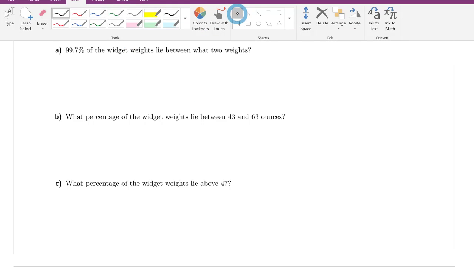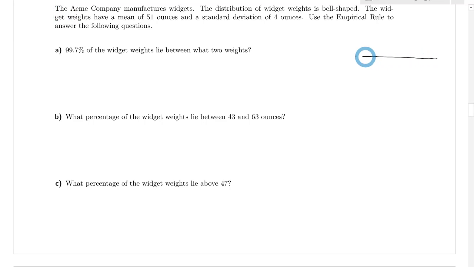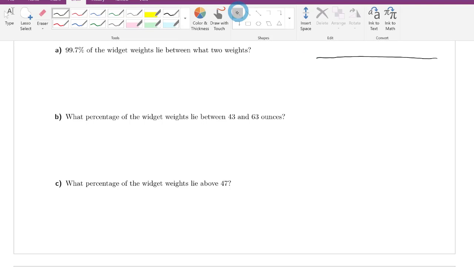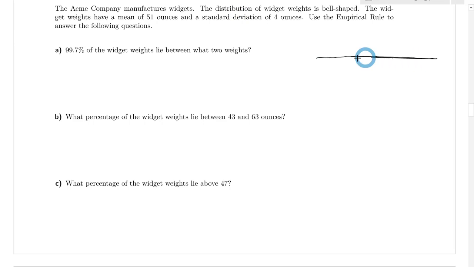The first thing I would do is draw the curve. Okay, where the peak is the mean.